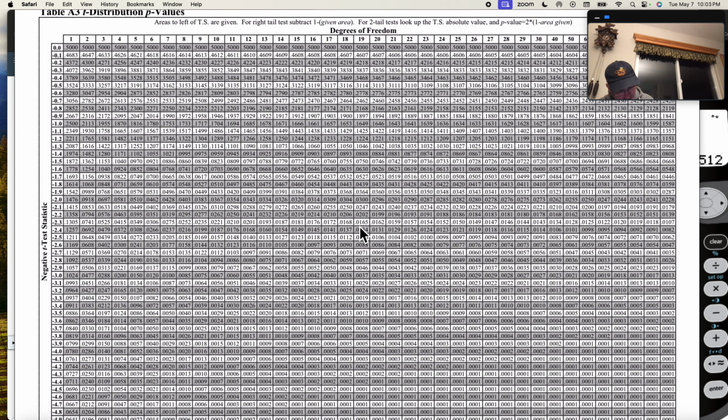Okay, so I'm going to kind of do this. Here's negative 1.9, 30 degrees of freedom way over there. And this is just horrible, but anyway, it's the best thing we got.